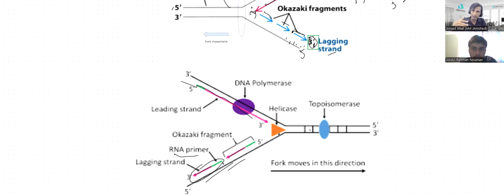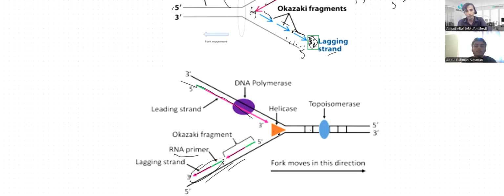So it has to find the specific point on the strand, and then it will add the new nucleotides there. And definitely that's a complete process. We have to discuss the complete process of replication, but I have just told you, based on this diagram, first we have to add the primers.